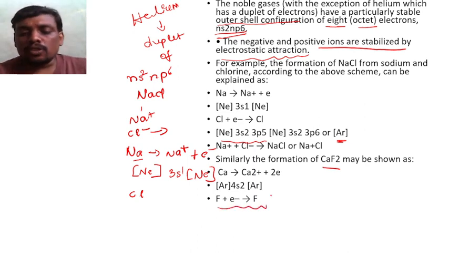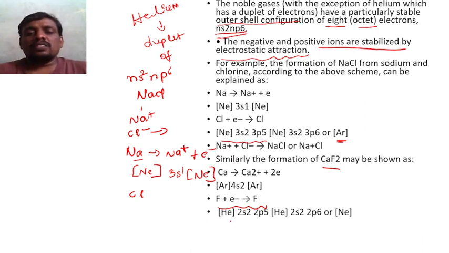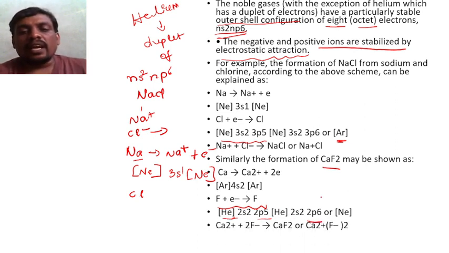What is the zero group electronic configuration? Helium is generally added to that, 2s2 2p5 and 2s2 2p6, or neon is generally added. So the final bond formation between them, Ca2 plus plus 2F minus, gives rise to CaF2.